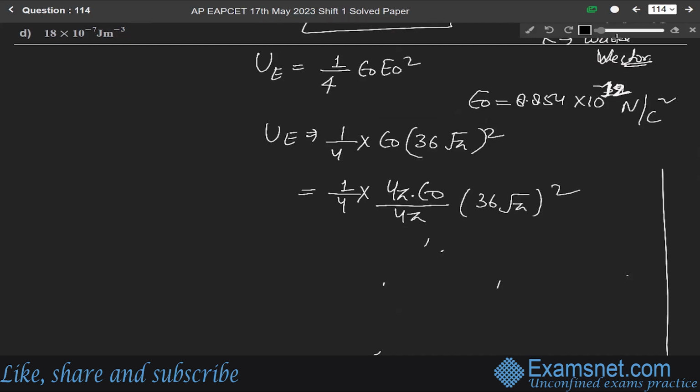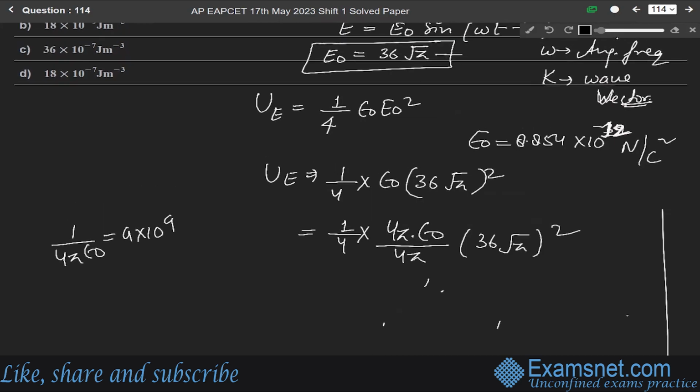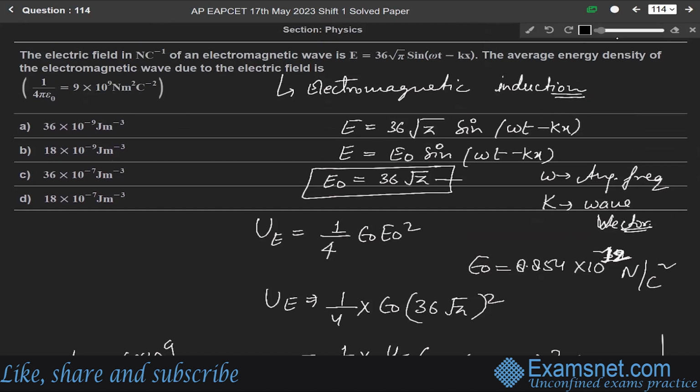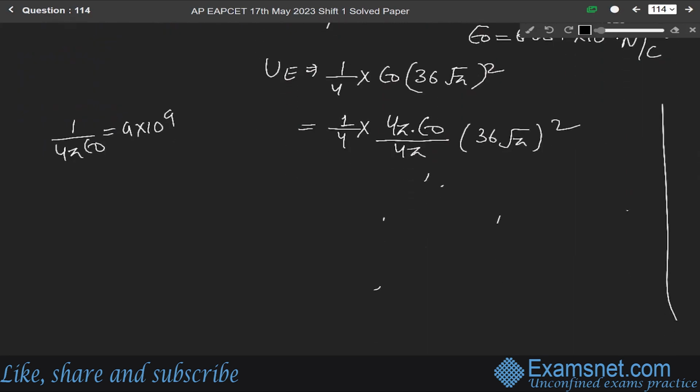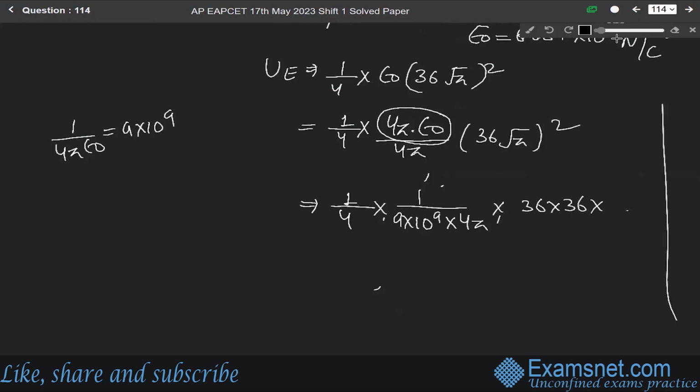We know that 1 over 4 pi epsilon naught equals 9 into 10 to the power 9 Newton meter square per coulomb square, as given in the question also. So we will write this value as 1 over 4 into 1 over 9 into 10 to the power 9 into 4 pi into 36 into 36 into pi.